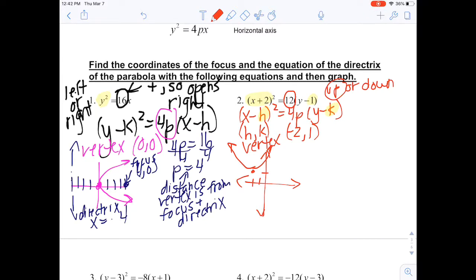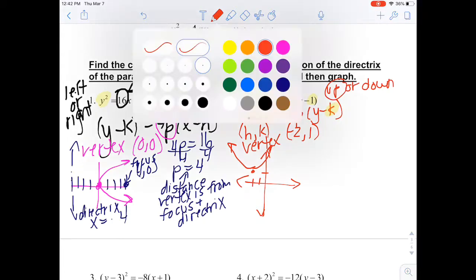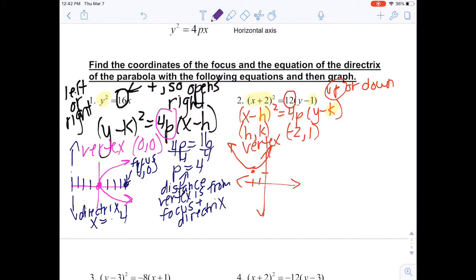And now I have to figure out my focus and my directrix. So let me change the color. All right, so 12 is in the 4p spot, so I'm going to set 4p equal to 12, divide by 4. My p equals 3. That tells me I'm going to go up 1, 2, 3. There's your focus. Put an F right there.